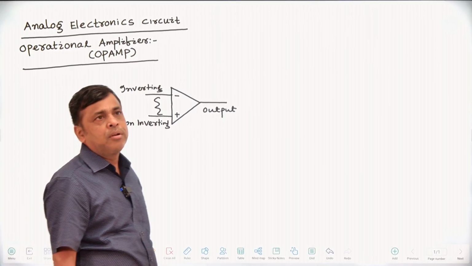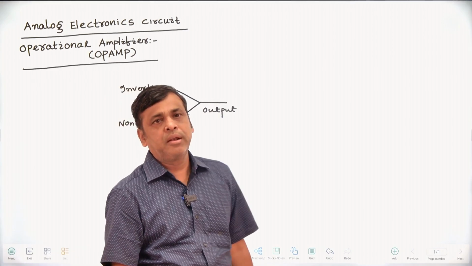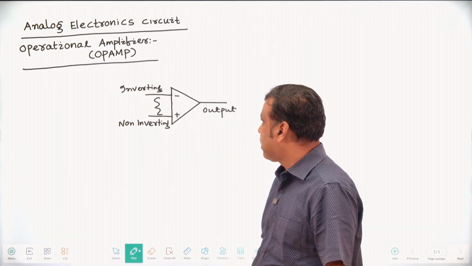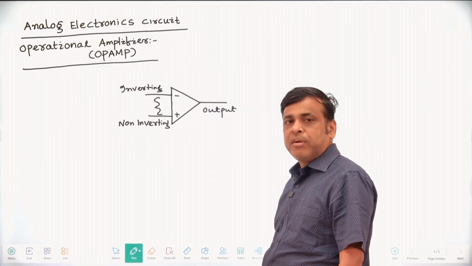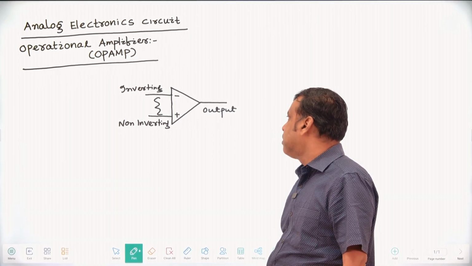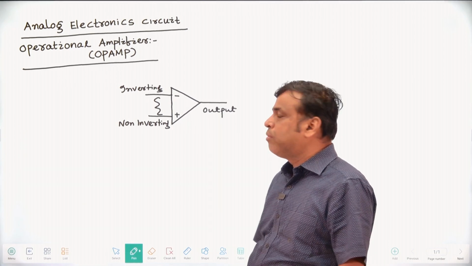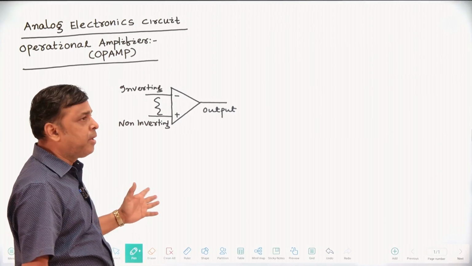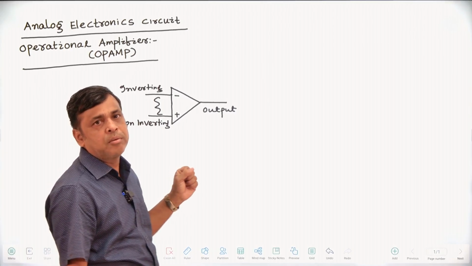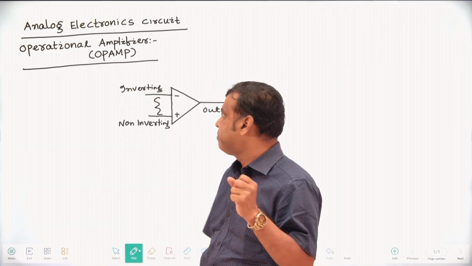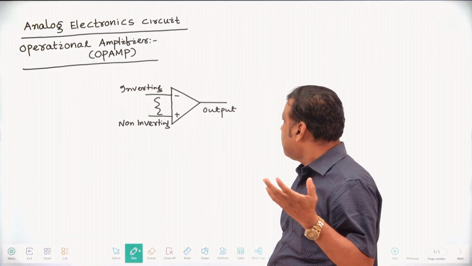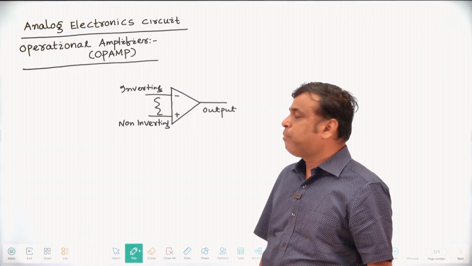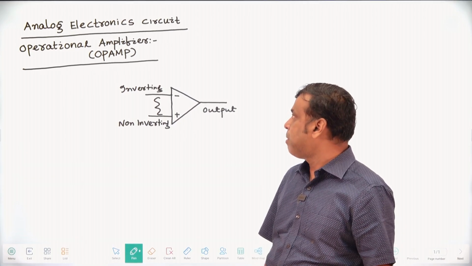Common electronic devices like transistors, bipolar junction transistor and field effect transistor can raise the strength of the input signals. But in case of operational amplifier, there are so many applications of op amp. It has the following advantages or characteristics.